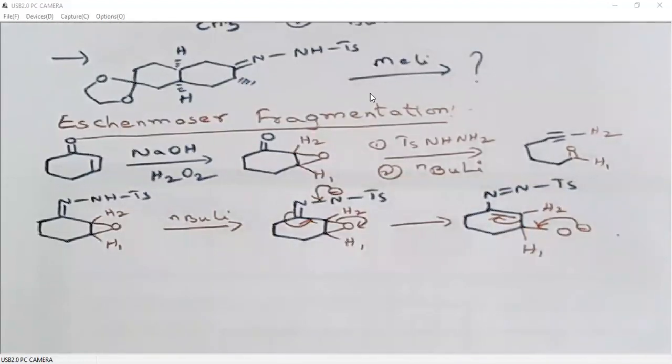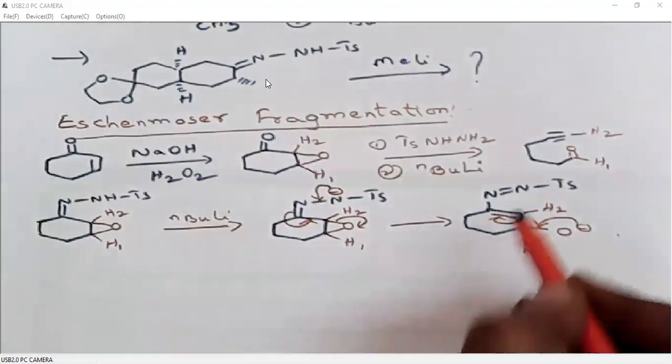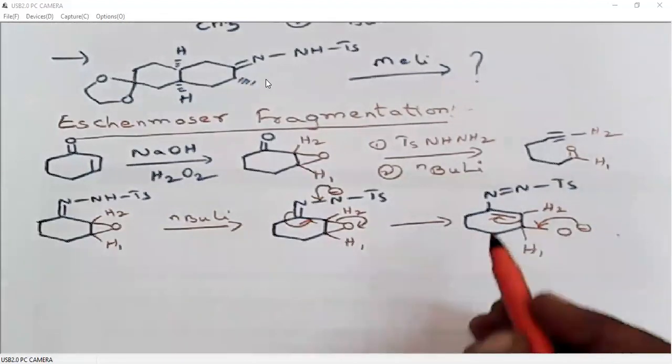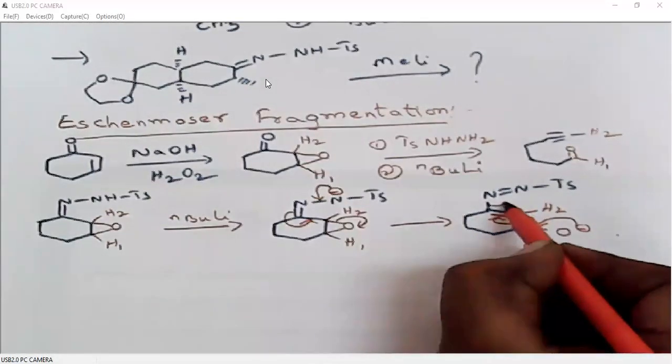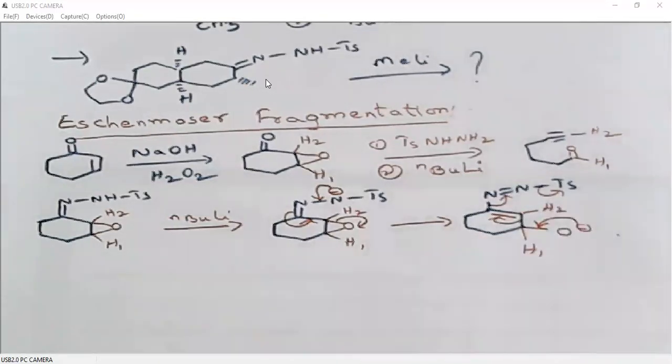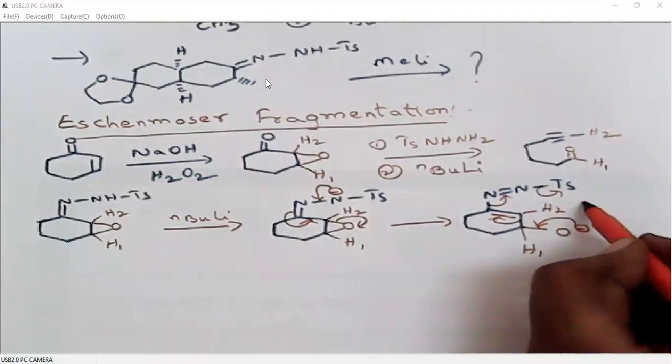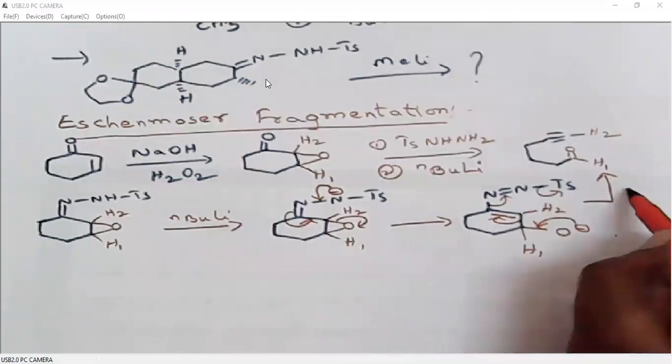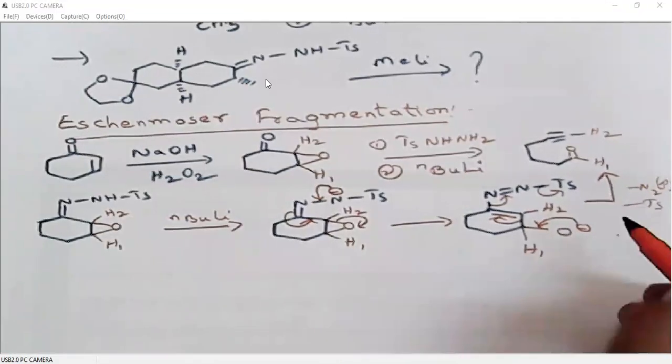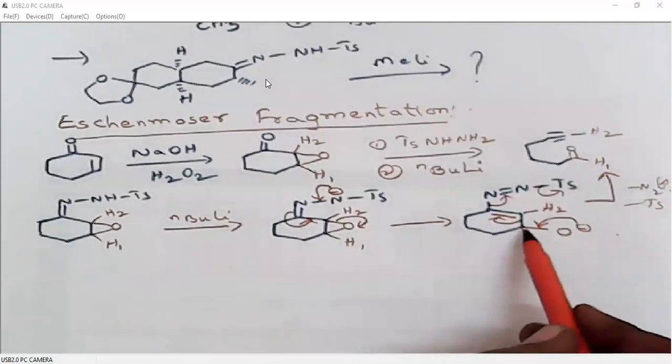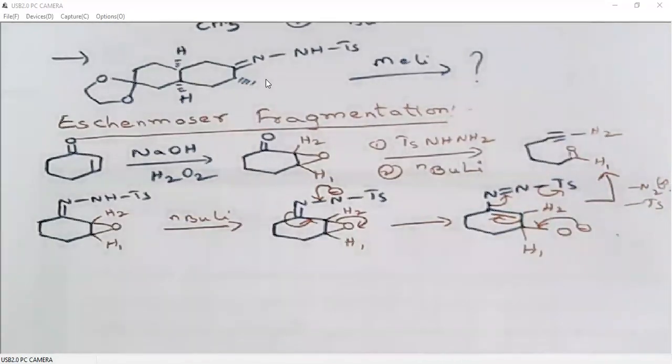So here we are generating a carbon-carbon triple bond. Then this carbon-nitrogen bond will be broken. So it will generate nitrogen gas and loss of the tosyl group. So we are generating this carbonyl here and a triple bond here. So this is what is called Eschenmoser fragmentation.